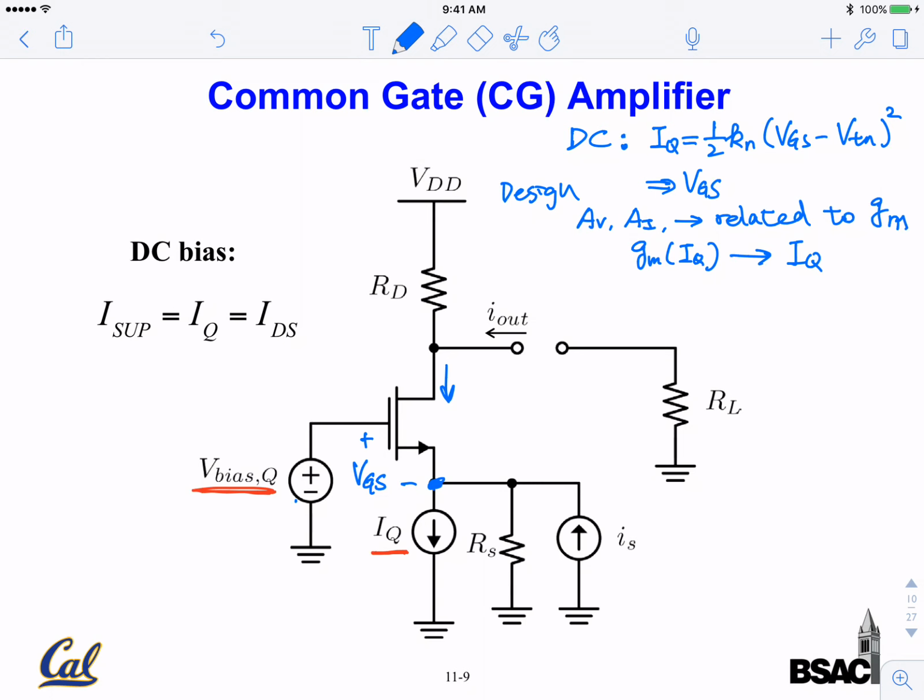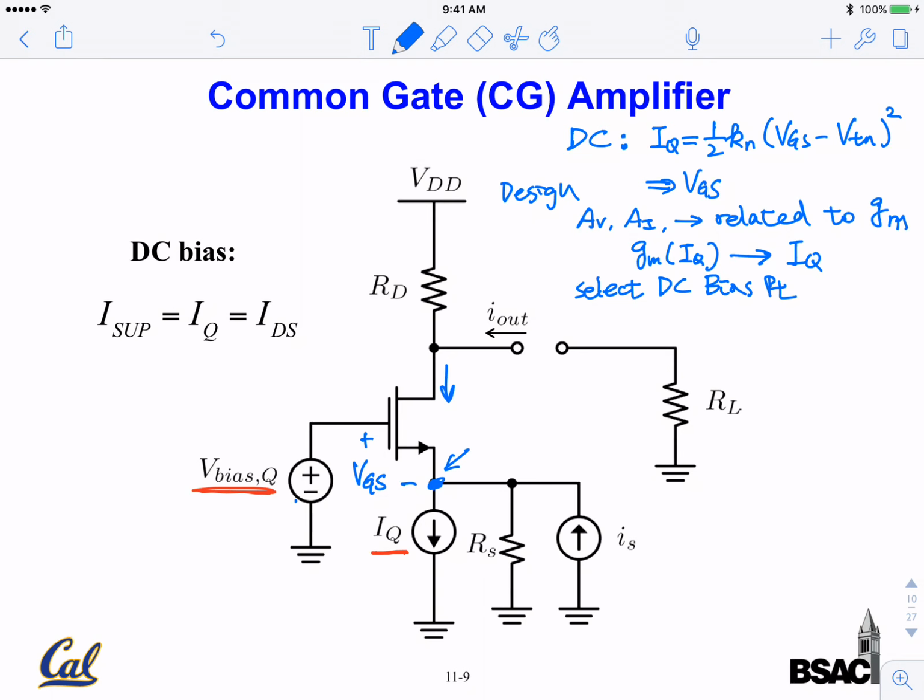Then the next step is to select my DC bias point. So here, I will select my VS, right? I will select what is my DC part of the VS. And this is fixed by VG, because VGS is already selected.